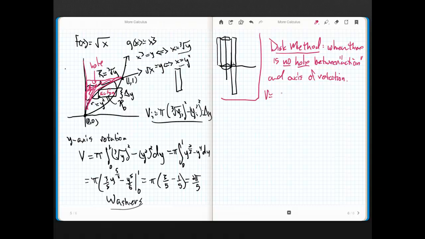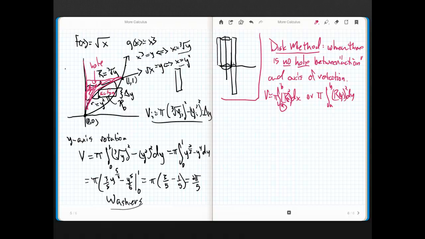And you'll end up with the volume equal to the integral from a to b, let's stick our pi out in front, of r, that's just our radius, squared, dx. Or pi times the integral from a to b of r of x squared dx, and this is going to be r of y squared dy. I should do this a little bit cleaner. Sorry about that, you guys.